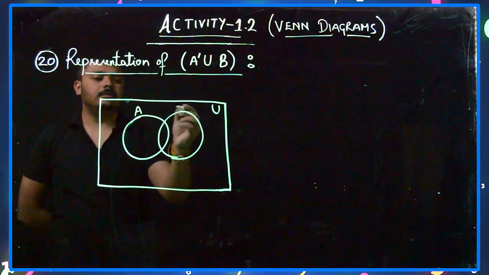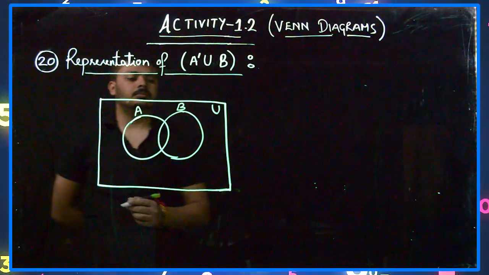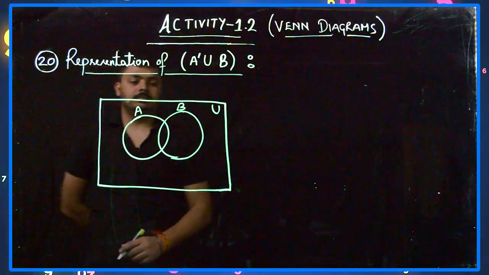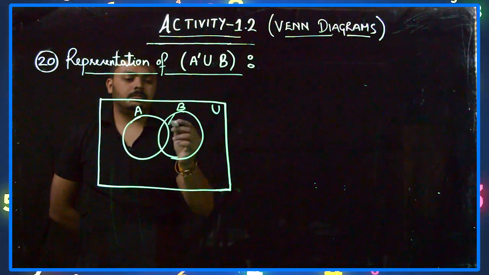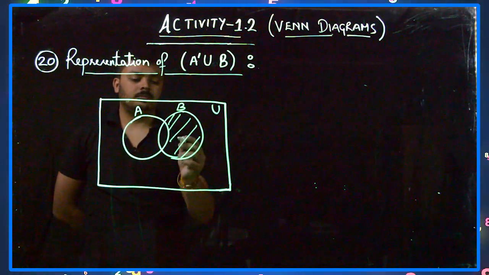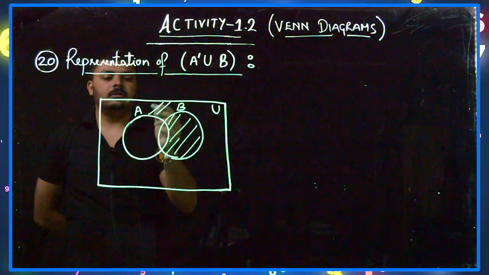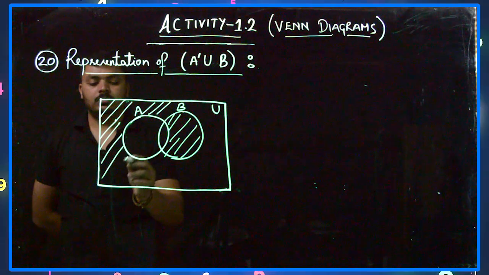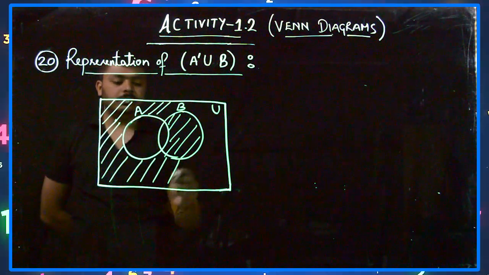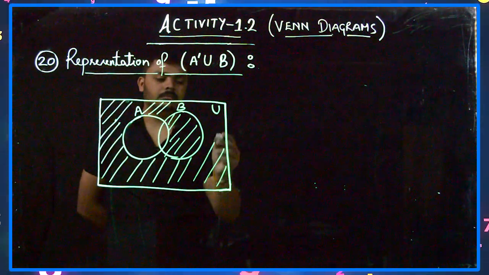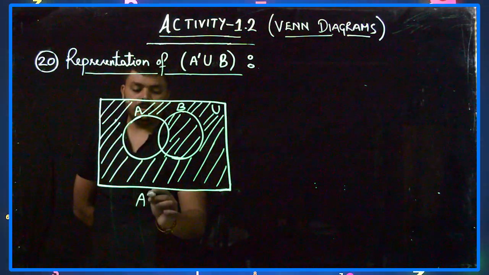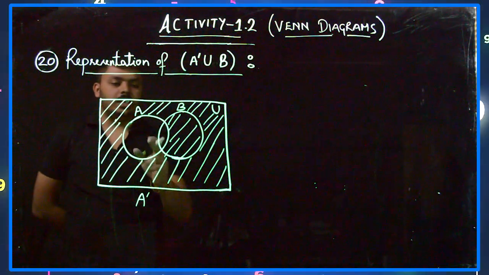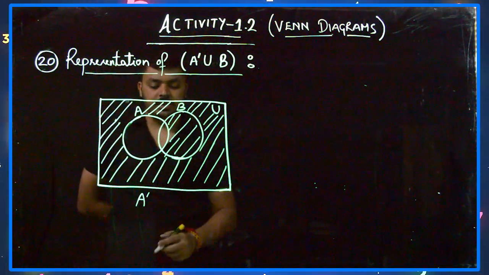This is set A. This is set B. Now the complement of set A is all the elements of the universal set except the elements of set A. So this is A complement, and as you can see, A complement includes the elements of set B also.